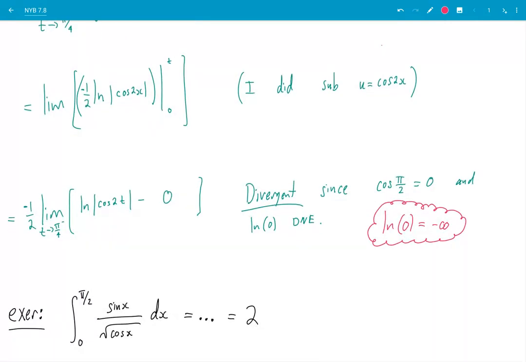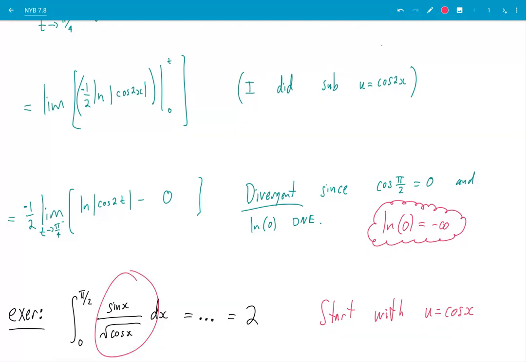Okay, I want you to try this improper integral. And you should start with u is equal to cosine of x. So if u is equal to cosine of x, what is your problem with this fraction?